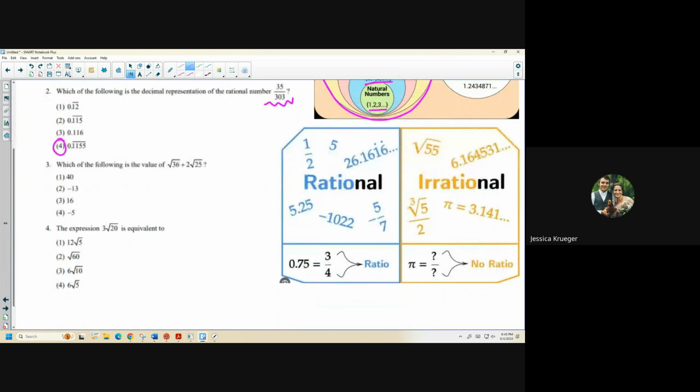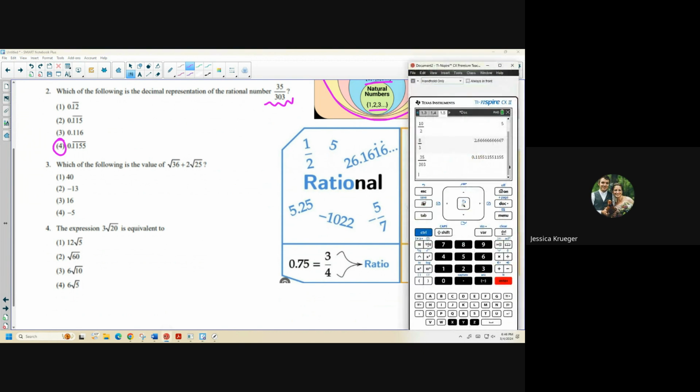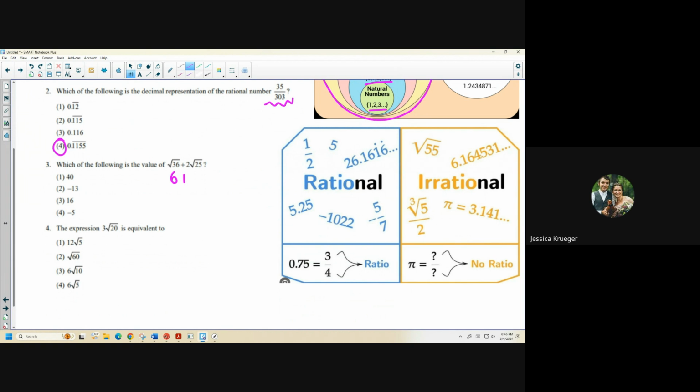What's the value of the square root of 36 plus 2 radical 25? Well, the square root of 36, let's see if that comes out to be a nice number in my calculator. If I type in the square root of 36, I get 6. Well, that's a lot easier. Then 2 radical 25. I'm just going to type that whole thing in and see what I got.